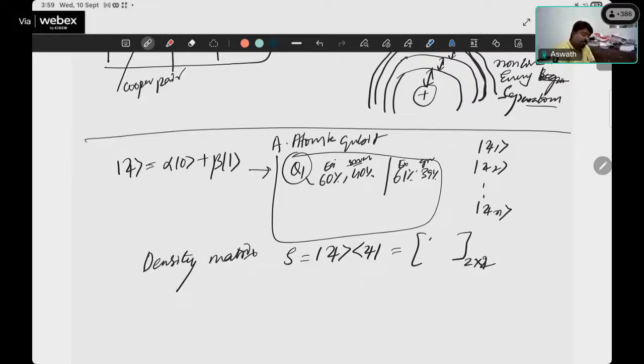Okay. In this case, I'll have alpha square, beta square, alpha beta star, beta alpha star. This is the matrix I'm going to get. Okay. Right. So now, if the quantum state is in a pure form, I'll have that. But I have a mixed system, right? It's a mixed state.